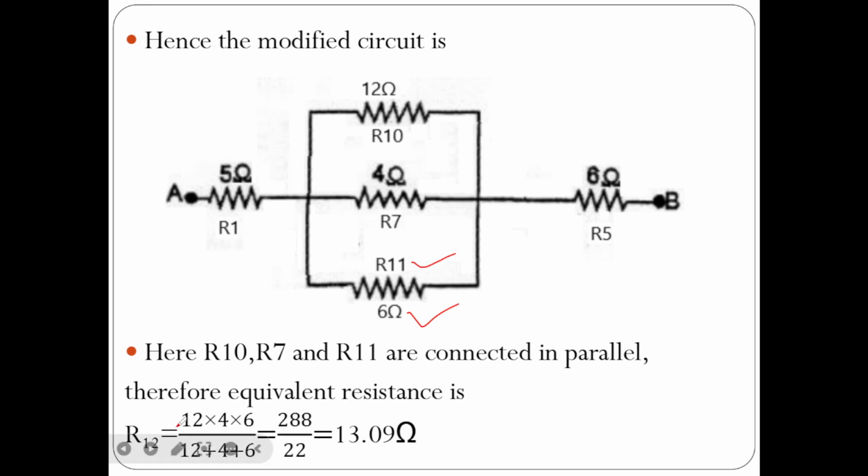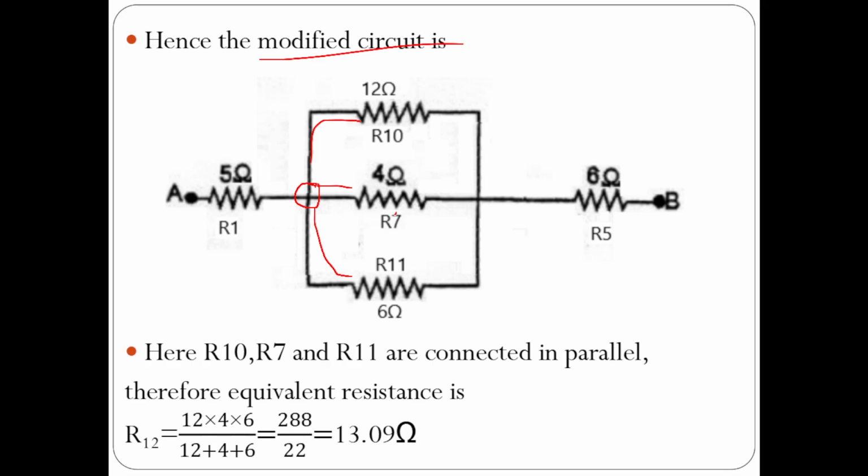Now if you carefully observe this modified circuit, the starting end of the 12 ohms, 4 ohms and 6 ohms resistors is connected at a junction, and the finishing end of these 3 resistors is connected to a junction.